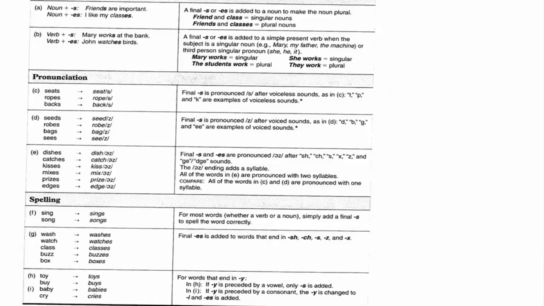That sound comes after an SH spelling, CH, S sound, X, Z, and also a GE spelling or DGE spelling. And the words in group E are pronounced as dishes, catches, kisses, mixes, prizes, edges. And you should be able to hear that additional syllable.